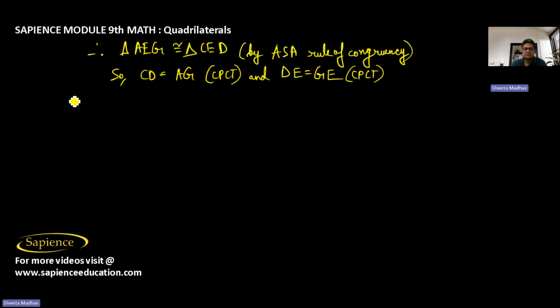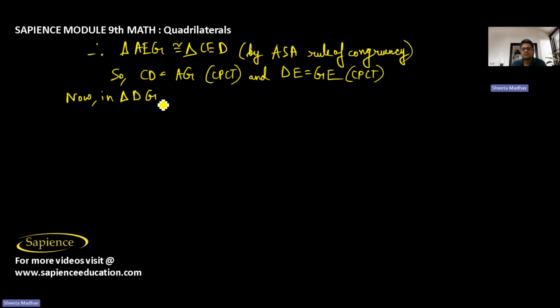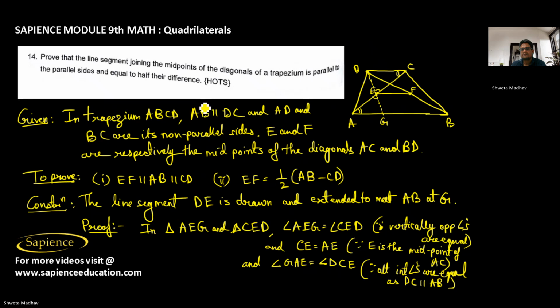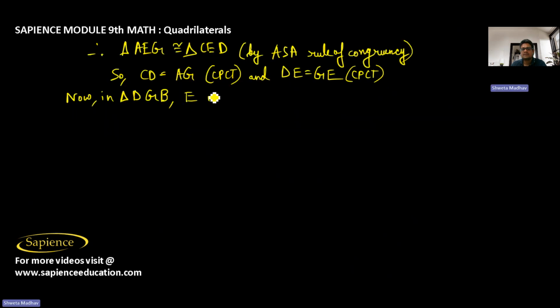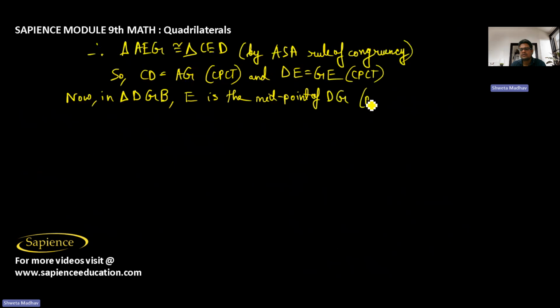So now, therefore, in triangle DGB, E is the midpoint of DG, since it is proved above that DE is equal to EG, which we have shown.